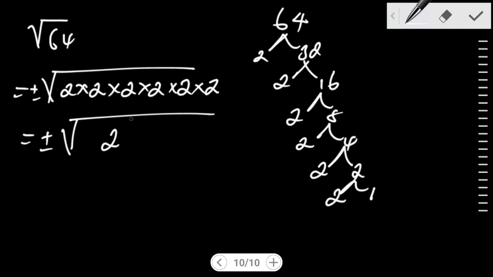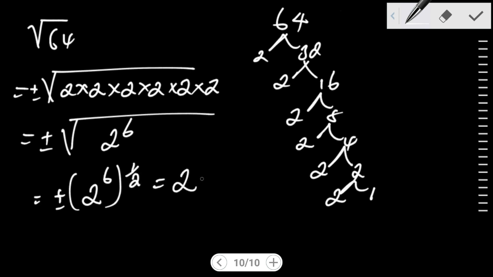2 to the power 6, and therefore this would be positive or minus 2 to the power 6, 1 out of 2. Therefore, this would be equals to 2 to the power 6 times 1 out of 2. Therefore, this would be 2 to the power 3.